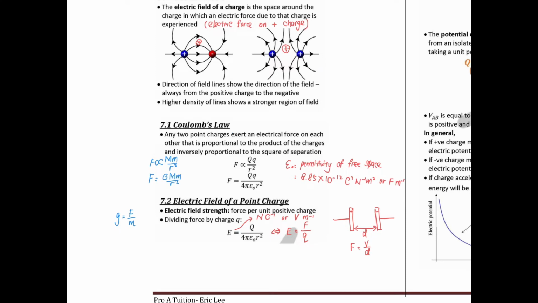So you will end up with g equal to Gm over R square. So this is related to the electric field strength here, but we call it gravitational field strength.